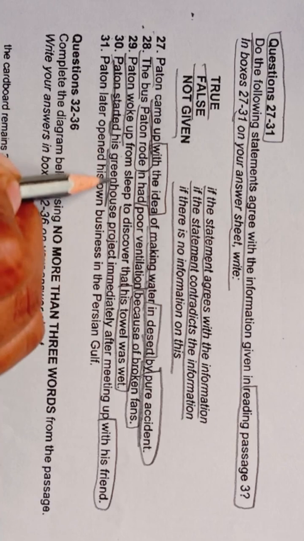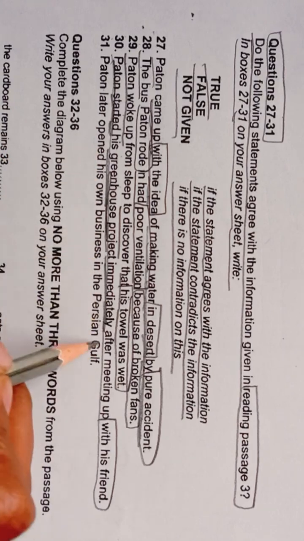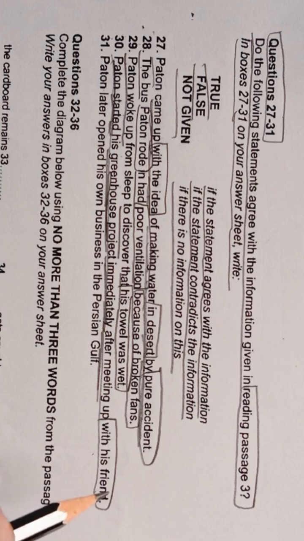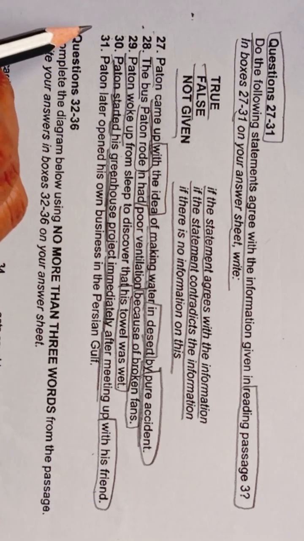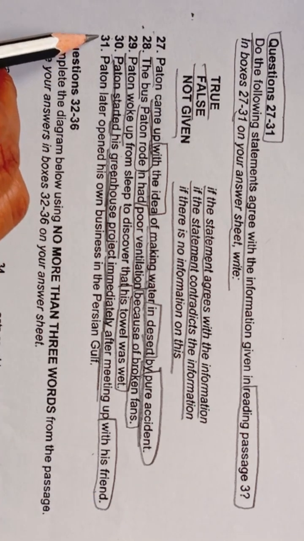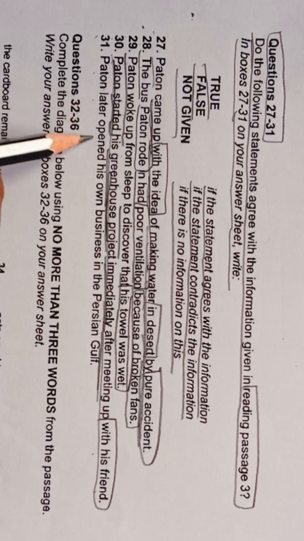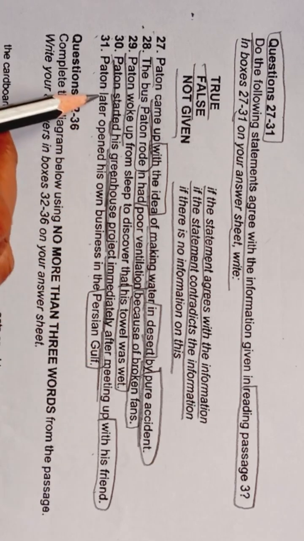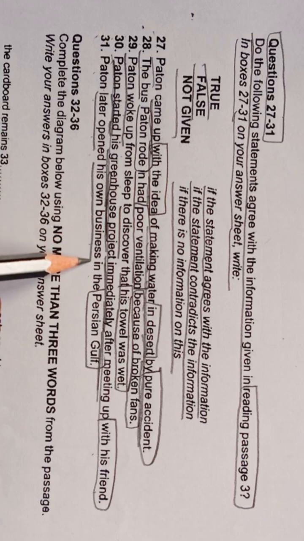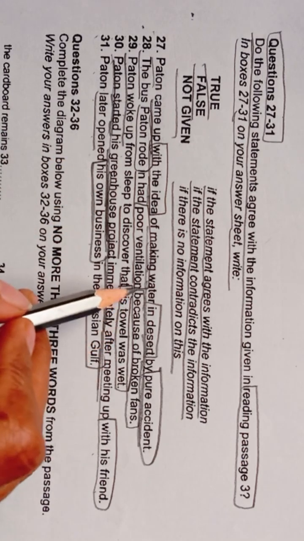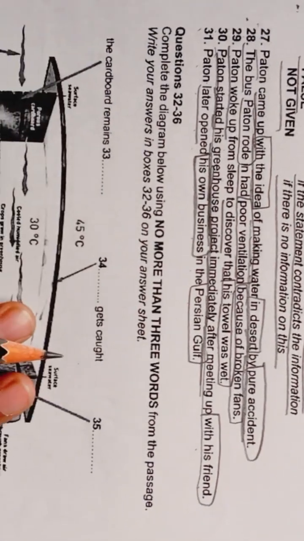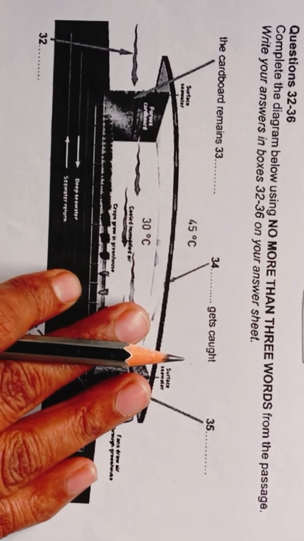Number 31: Patton later opened his own business in the Persian Gulf. So these are our keywords. Keywords are very important. Now let's move forward.